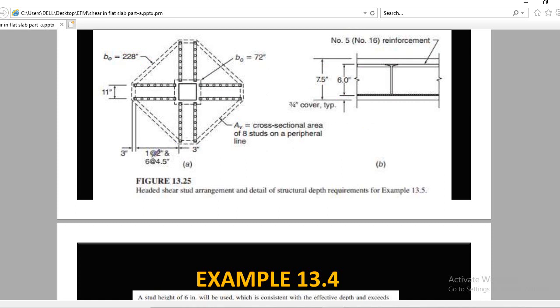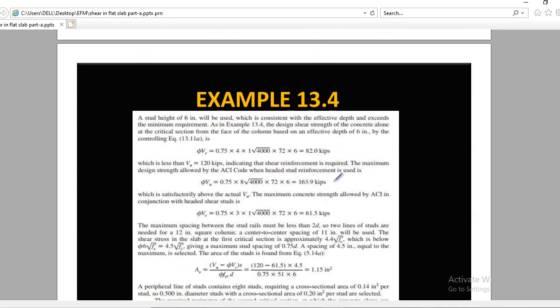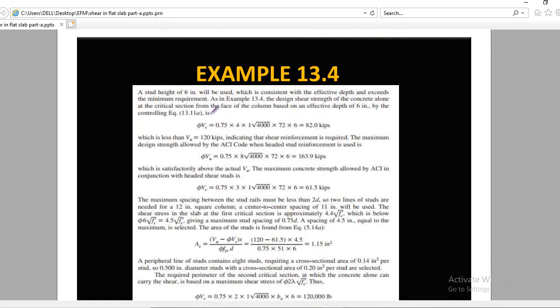Now 1 at the rate of 2 inch and 6 at the rate of 4.5 inch. The first one will be placed at a 2 inch distance, and then the rest will be at 4.5 inch. So a total of 7 studs will be used. So this is the design. A stud height of 6 inch will be used. This is okay, which is consistent with the effective depth and exceeds the minimum requirement as in example 13.4.